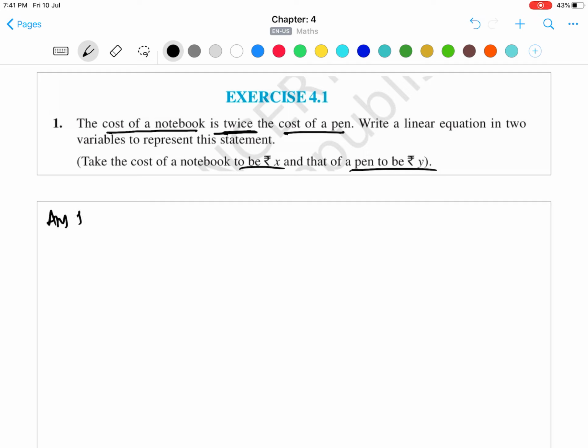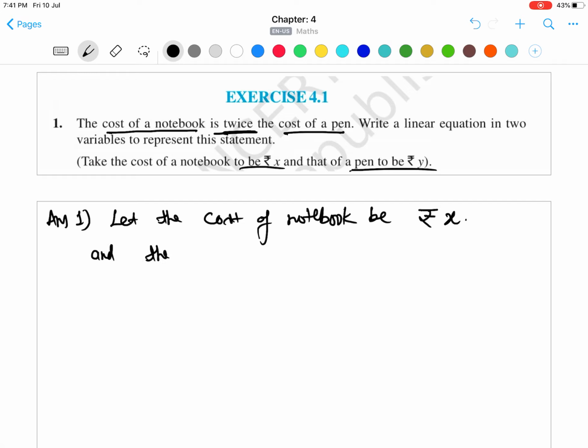Number 1, let the cost of notebook be x rupees, and the cost of pen be y rupees.